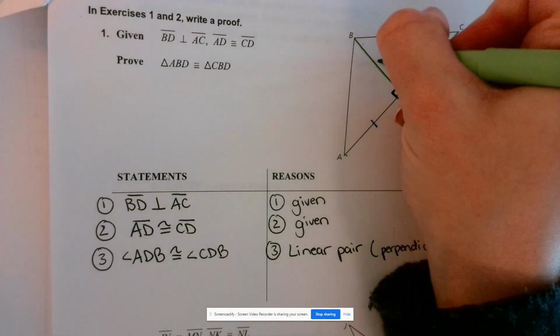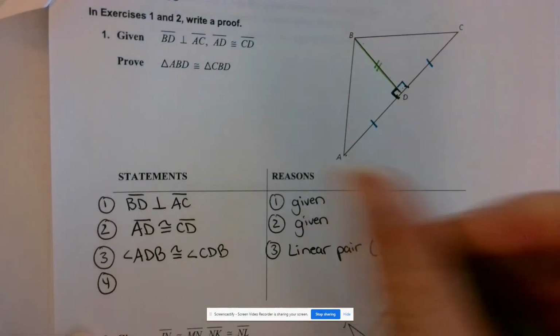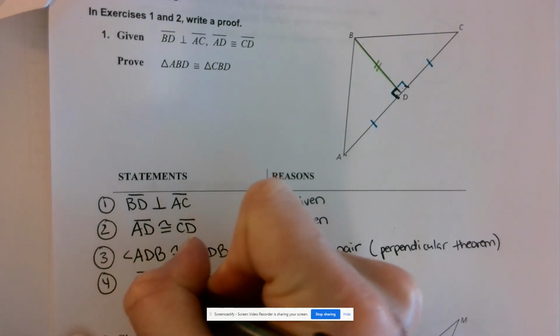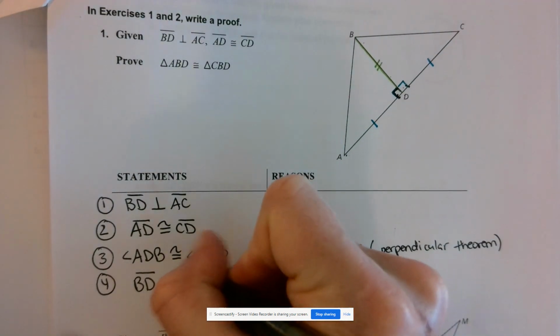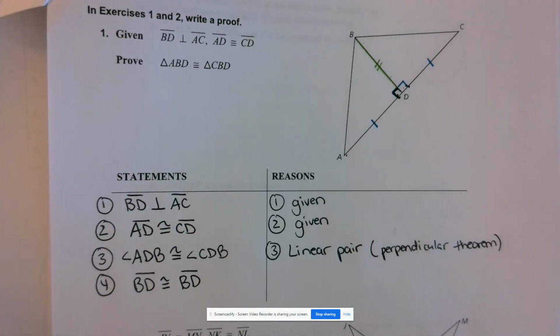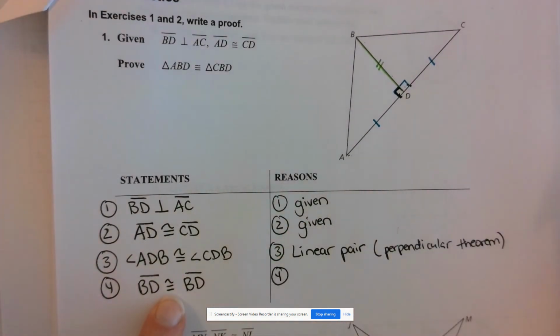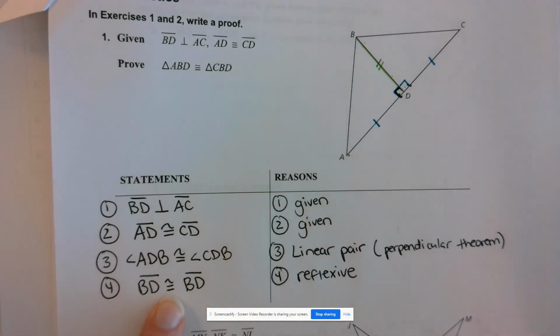Well, if they share that side, it means that that side is congruent to itself. So I'm going to put that in my proof. Line segment BD is congruent to itself, line segment BD. That property that says something is equal or congruent to itself is the reflexive property.